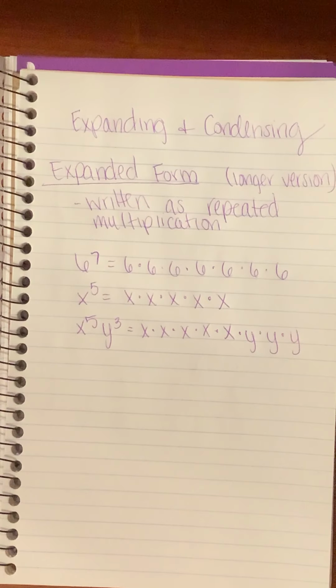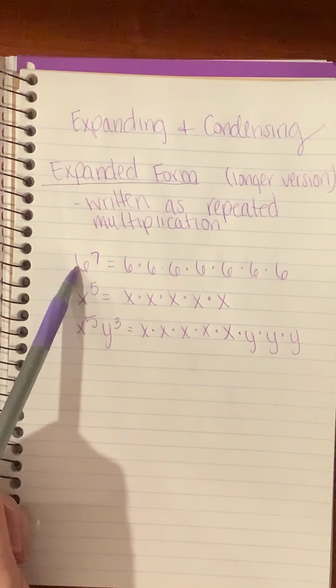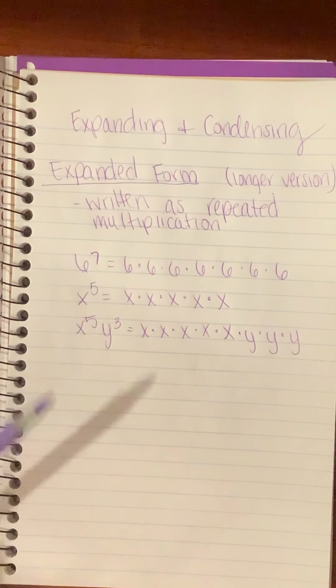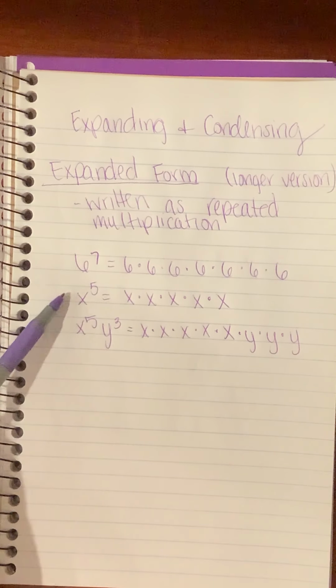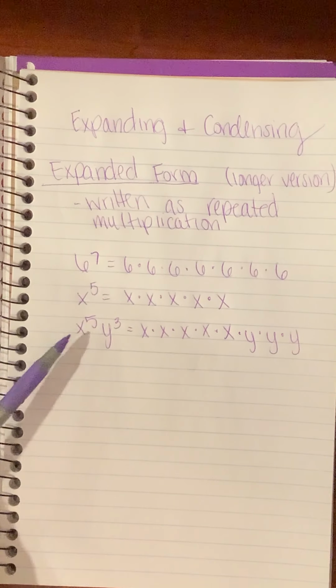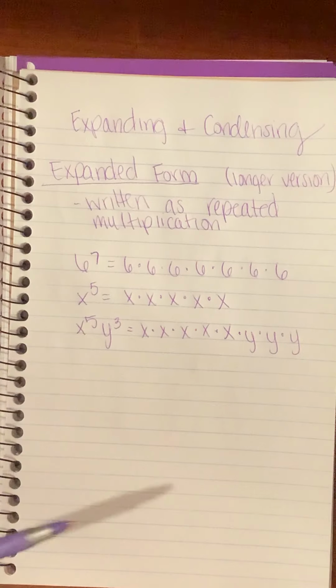So as you guys do your practice, when you expand exponents, you might just see it with a base that's a number and your exponent, or you might also start to see one variable with your exponent, or you might just see 2 different variables with exponents.